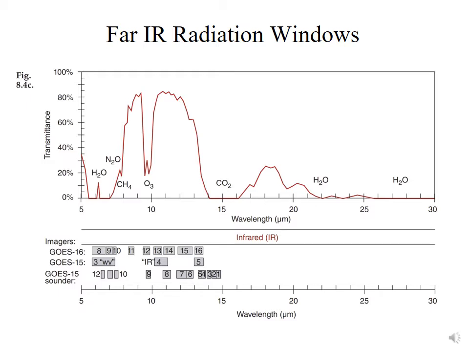If we increase the carbon dioxide concentration in the atmosphere, which is what we're doing, then we will be increasing the absorption in the atmosphere and decreasing the transmittance in that range between about 13 to 14 micrometers.